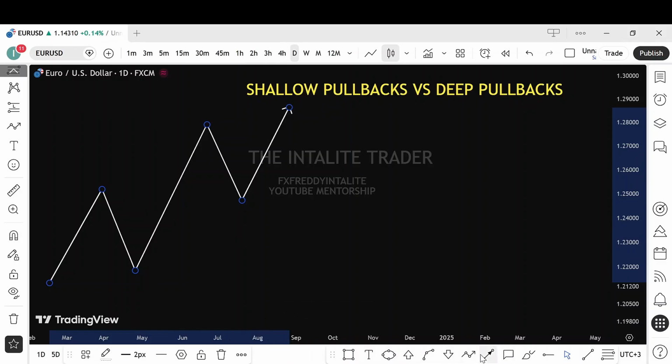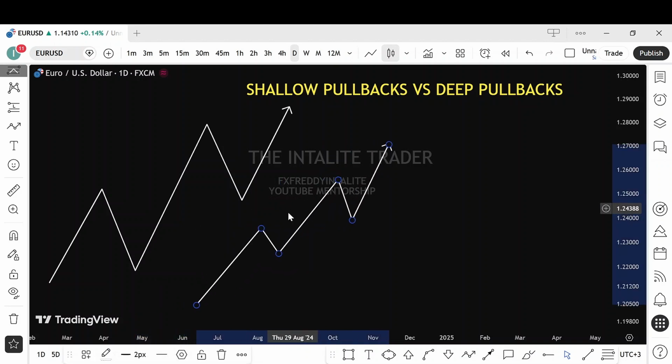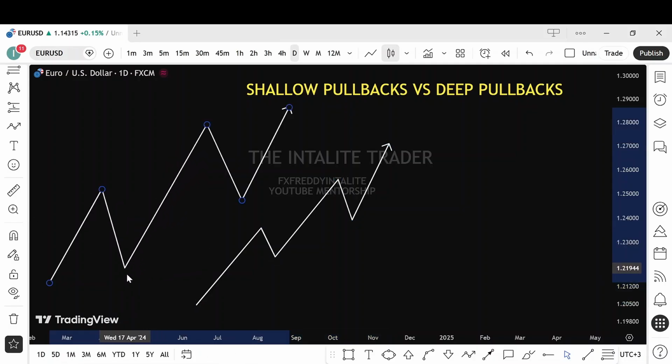At times, price can give you a high, pulls back small, goes up, pulls back again small, it goes up. So for the case of this, we shall say this is a shallow pullback, not like this one which is giving you a deep pullback.